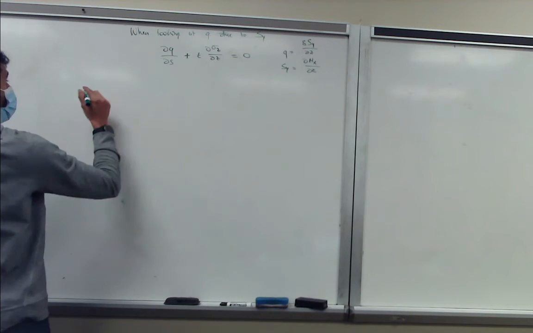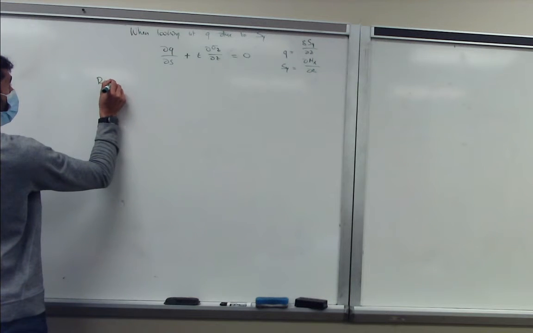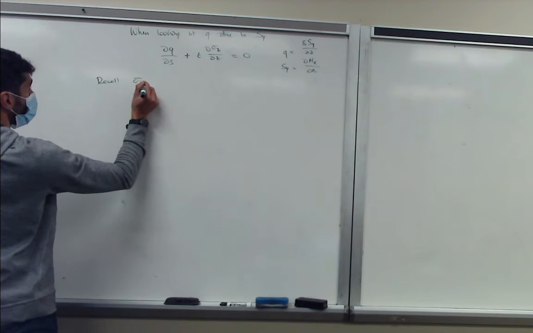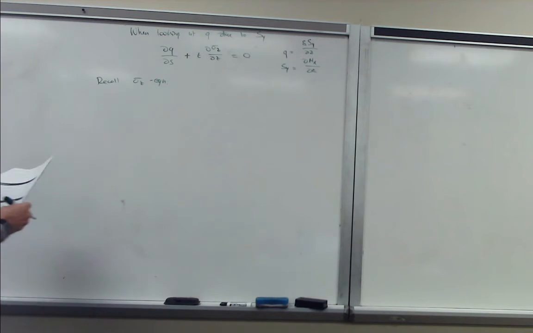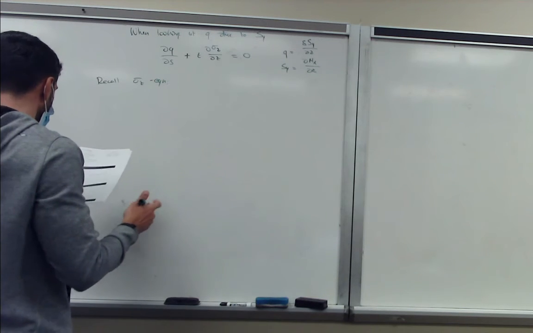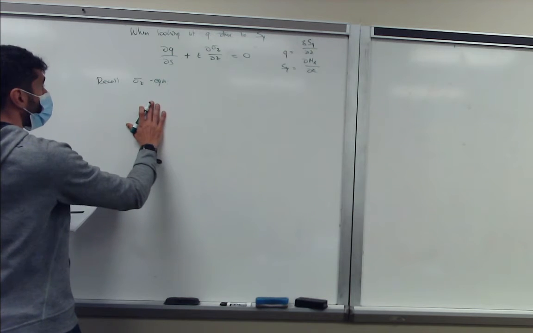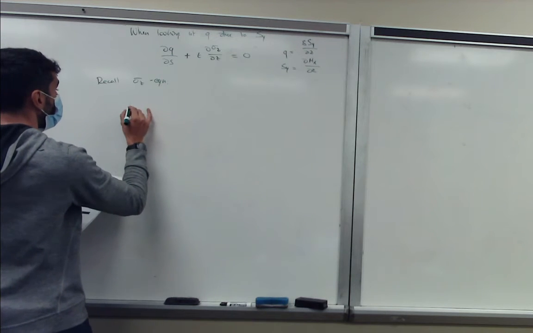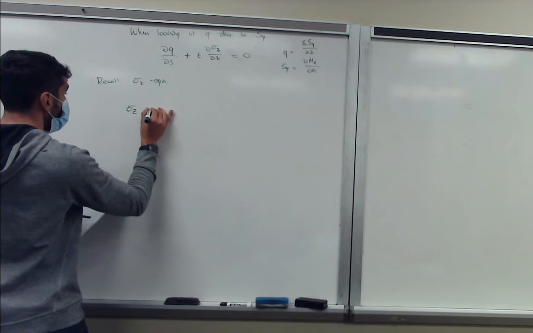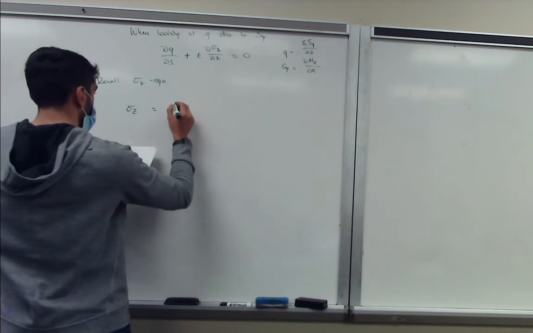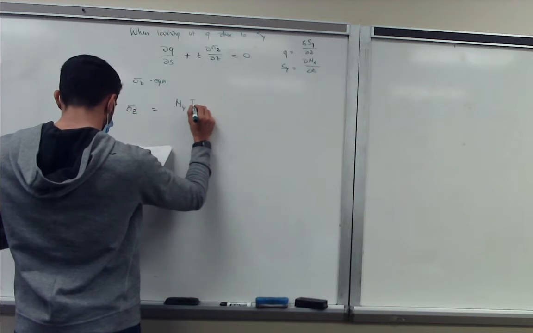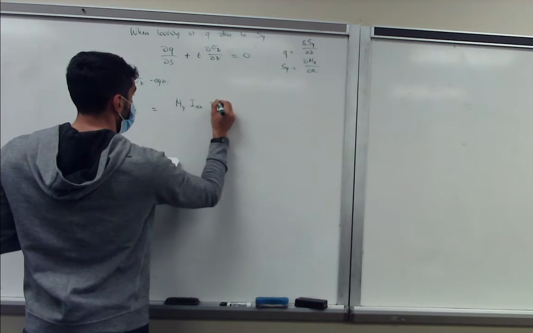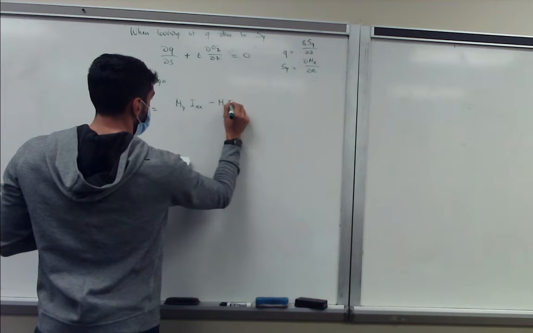So we're going to recall our direct stresses equation. That one was sigma z equal to My Ixx minus Mx Ixy.